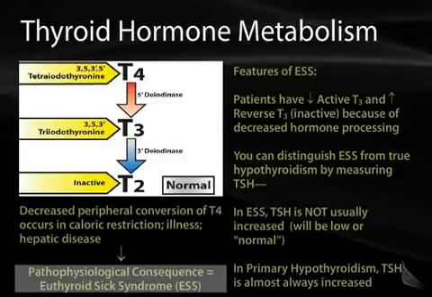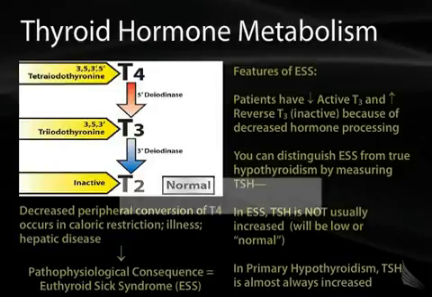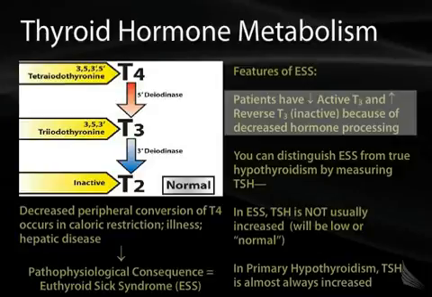And the pathophysiological consequence of such a decrease is something called euthyroid sick syndrome. So again, in euthyroid sick syndrome, patients usually have low active T3 because of the decreased conversion of T4 to T3, but they also can have an increase in reverse T3, where T4 gets converted instead of T3 to another inactive metabolite called reverse T3.